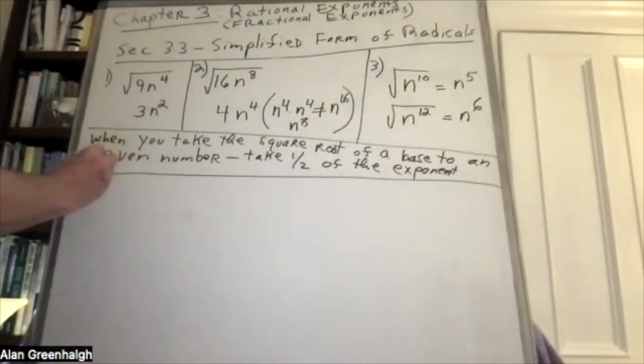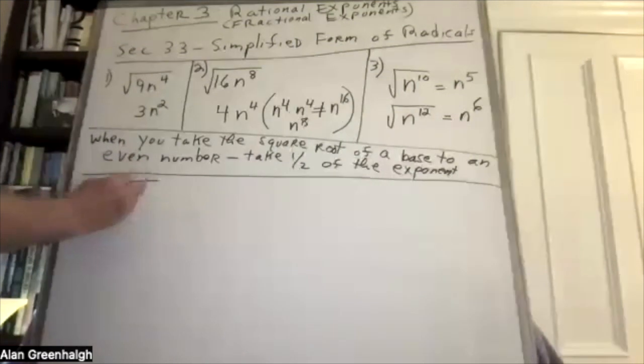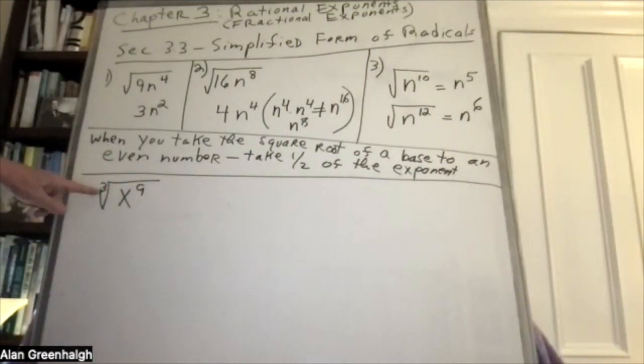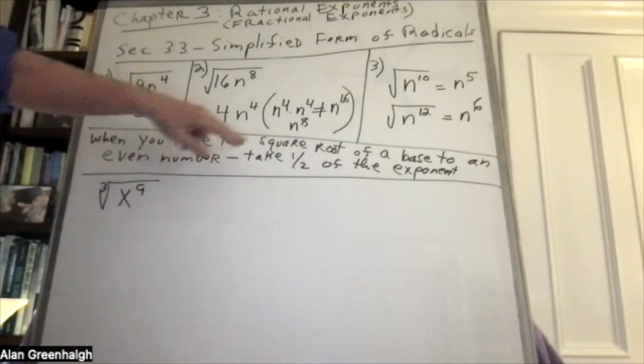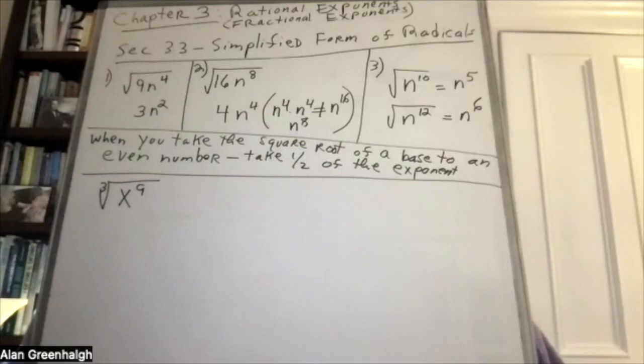However, when you do a problem like the third root of x to the 9th, can that be done? Then you're not taking half of the exponent.